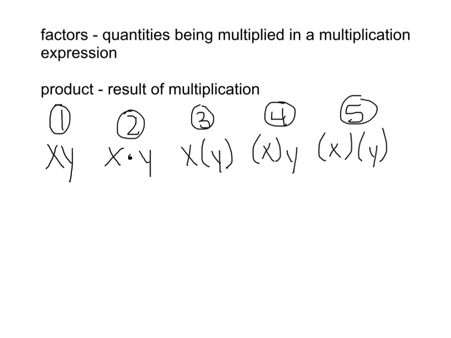Take a look at this first problem. We've got xy. That means x times y. Well, guess what? So does this. This also means x times y. That dot right here is now used for multiplication.